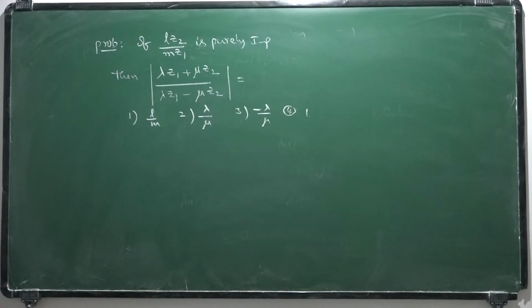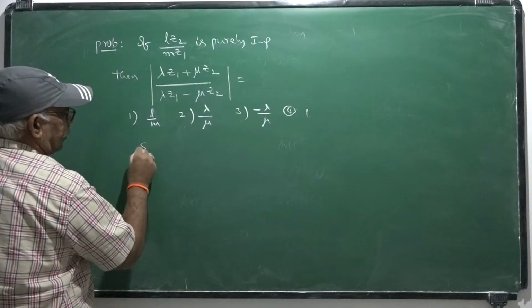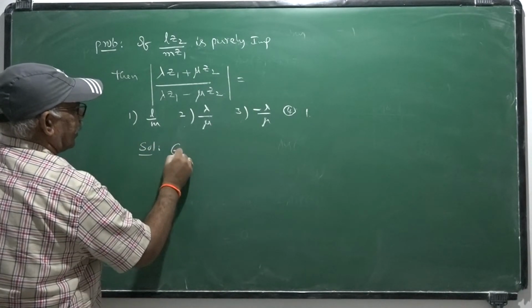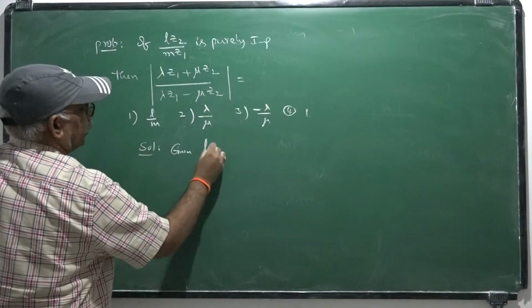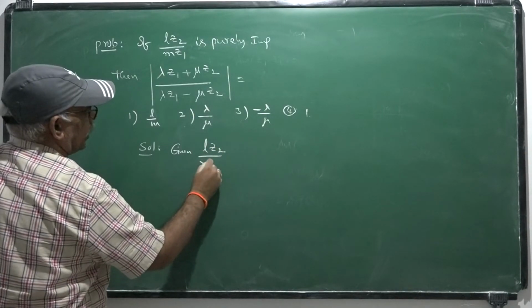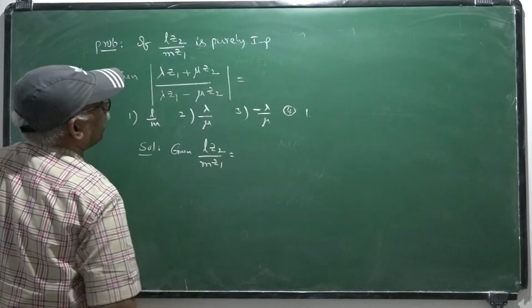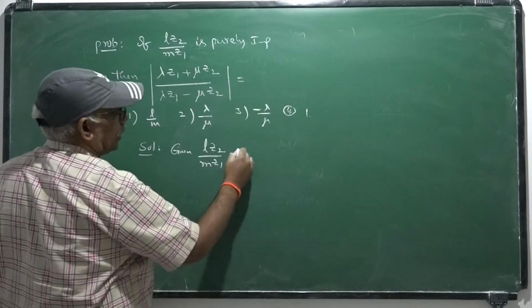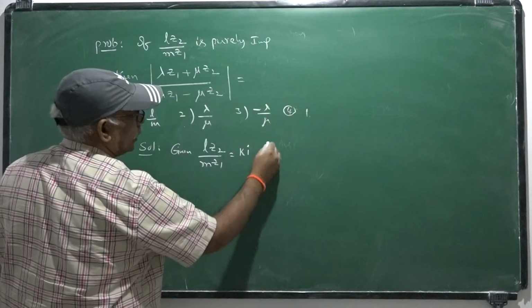lambda Z2 by mu Z1 is purely imaginary. Then modulus of lambda Z1 plus mu Z2 by lambda Z1 minus mu Z2. Given lambda Z2 by mu Z1 is purely imaginary, suppose purely imaginary means ki, where k is real.